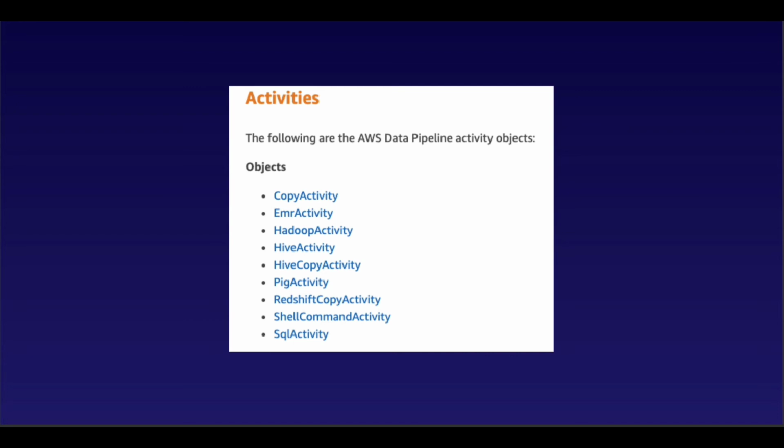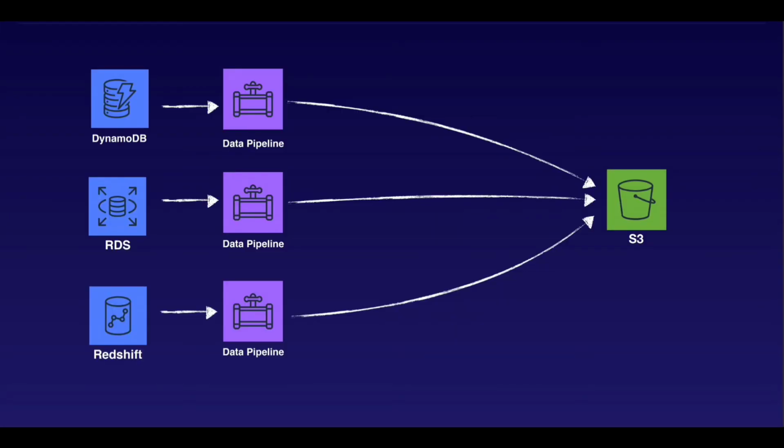We can use these different activities and specify which type of data source we have and how we want to migrate our data. We can set up these pipelines to run on some schedule or to run on demand. Now, Data Pipeline can also be used as a transformation tool, but in this context, we are just talking about moving data from one location to another.